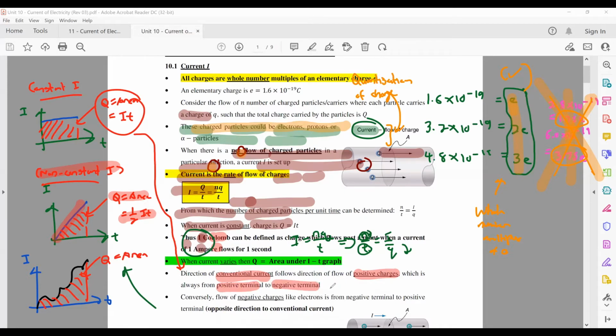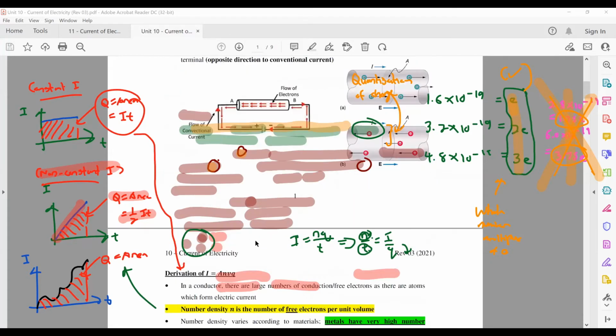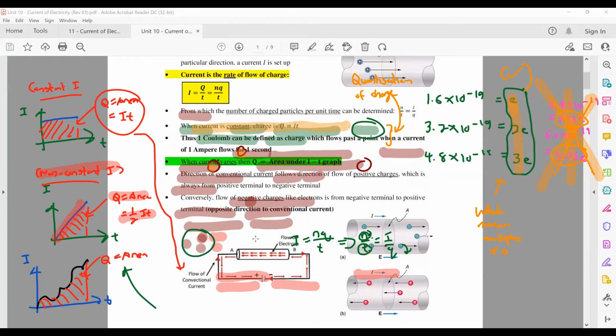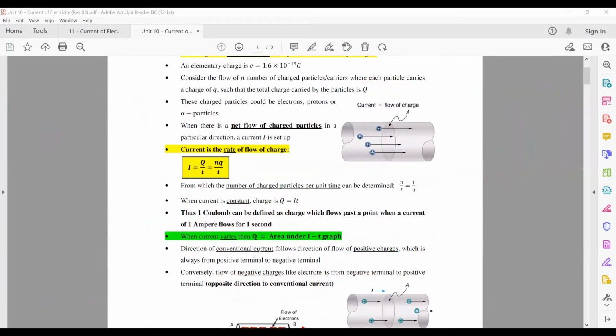It will be useful to know that current always flows from higher potential to lower potential. Direction of conventional current follows the direction of flow of positive charges, which is always from the positive terminal to the negative terminal.